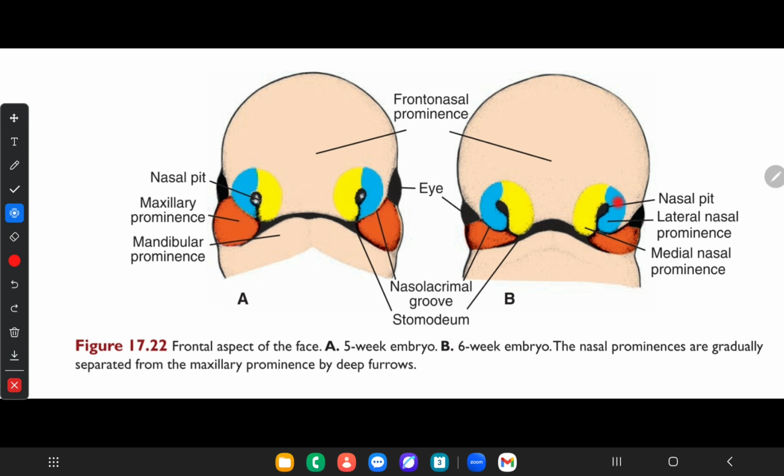Then during the following 2 weeks, maxillary prominences continue to increase in size, and simultaneously they grow medially. They increase in size gradually and also grow medially, compressing the medial nasal prominences towards the midline.